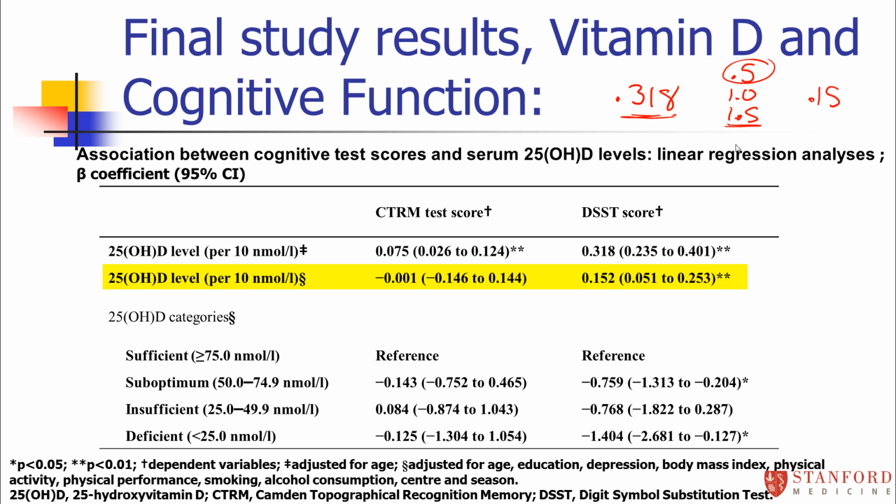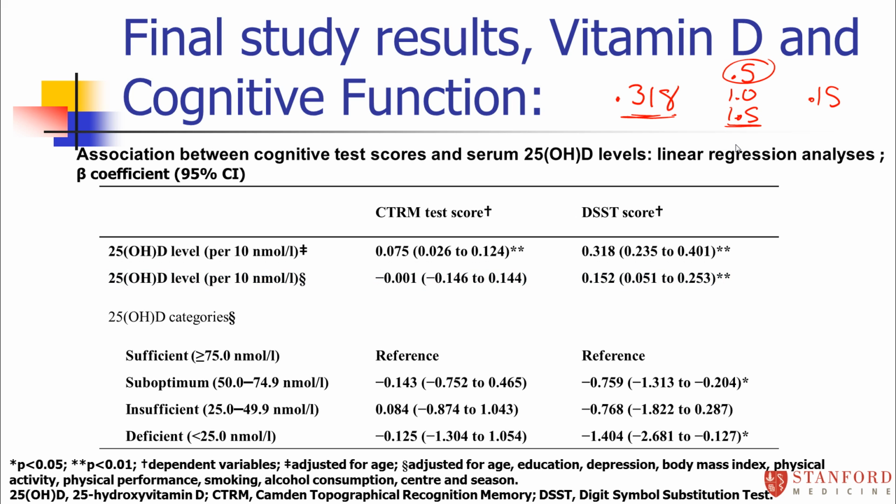However, it's a small relationship, and you have to remember that it really gets attenuated when you adjust for confounding here. There's probably a lot of things that we haven't adjusted for here, and we haven't adjusted for them perfectly. So a lot of that 0.15 is almost certainly also due to confounding. It's just that we haven't completely adjusted for it.